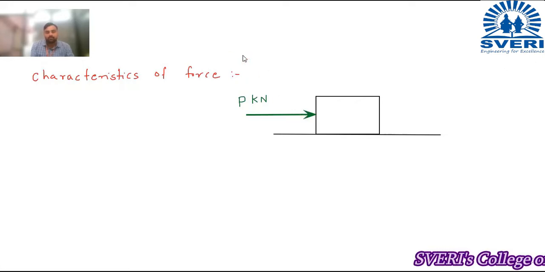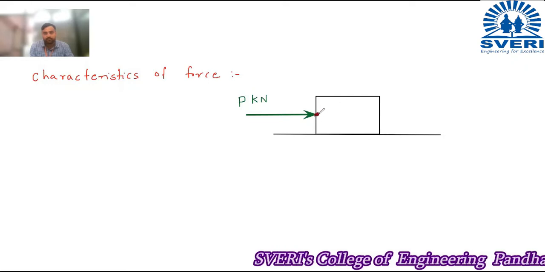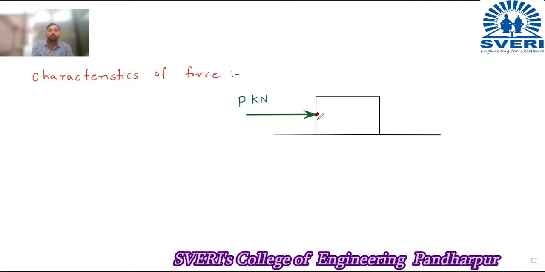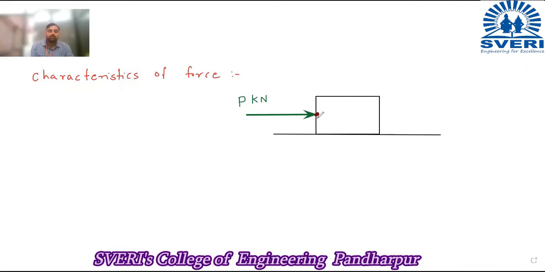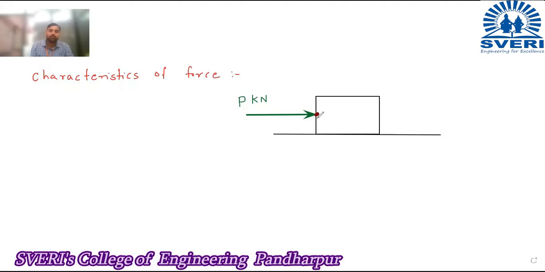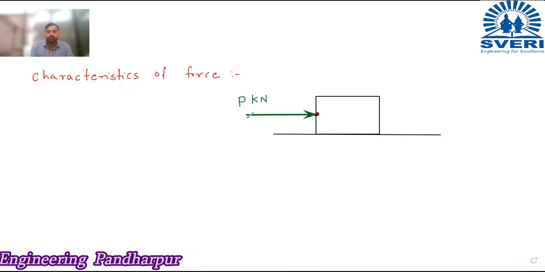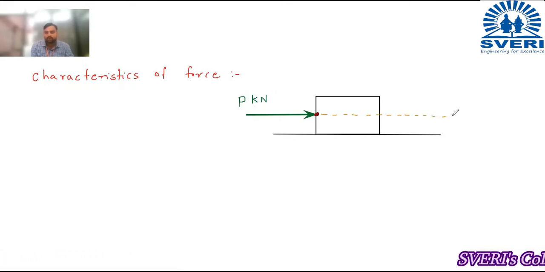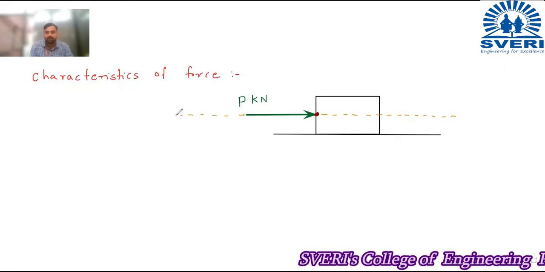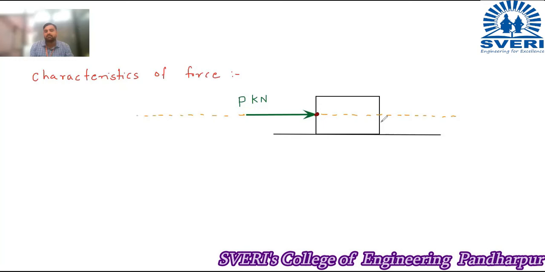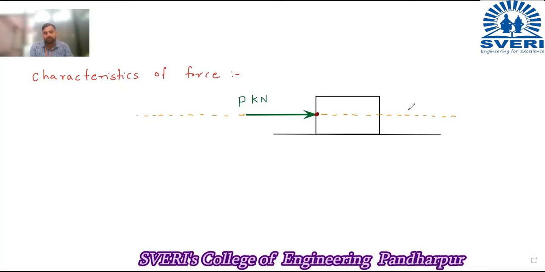Then you can see this force is applied at this point. This is called the point of application. Now if I extend this force by this dotted line to the forward side, and the same at the back side, this line is called the line of action of force.